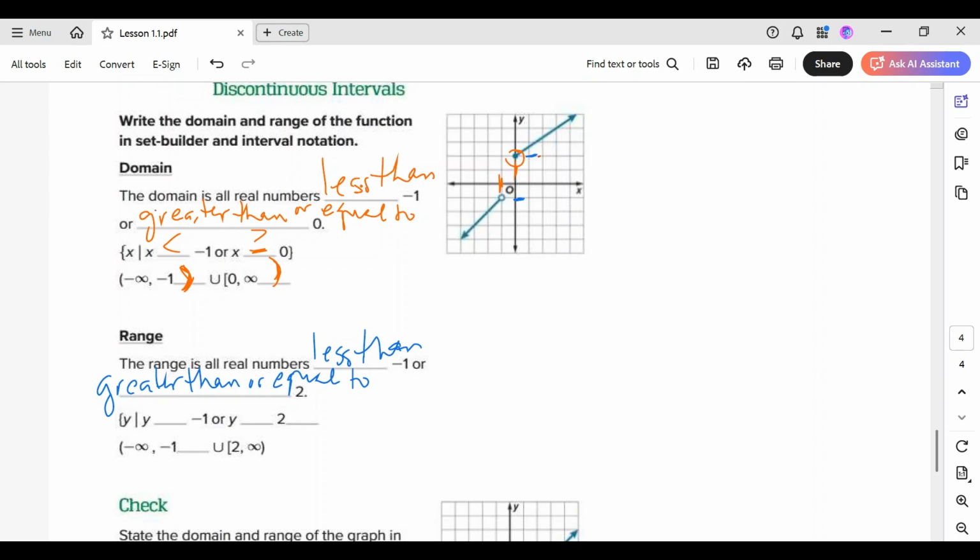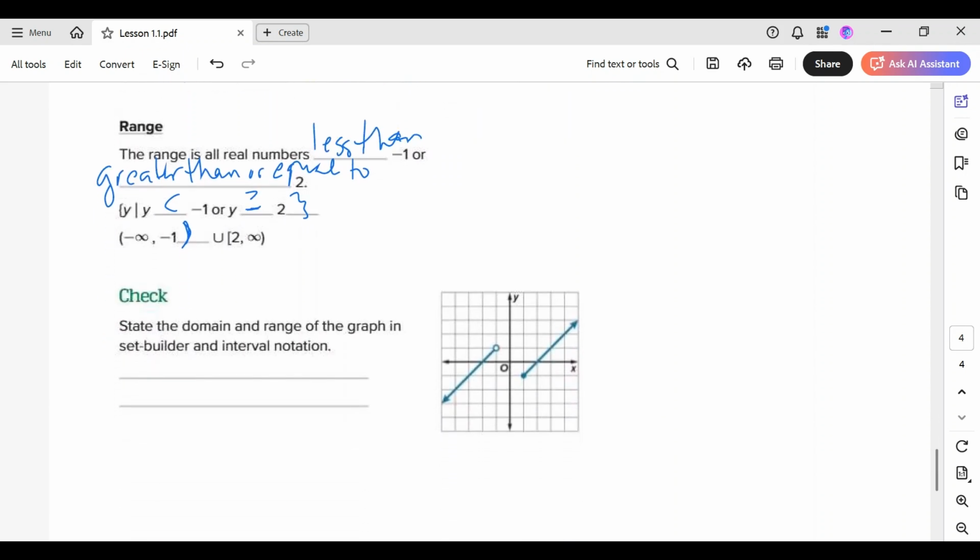So for our set builder, y if and only if y is less than -1, I did not include the line, or y greater than or equal to +2, and put a brace at the end. Interval notation, negative infinity to -1 with a parentheses, because we're not including the -1 value.